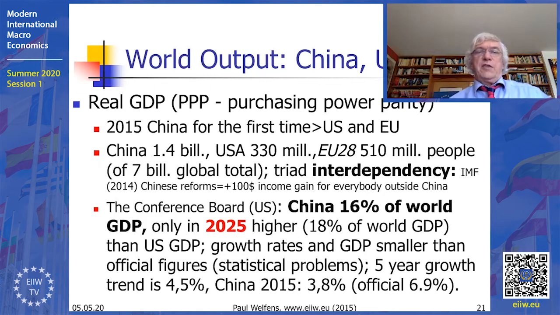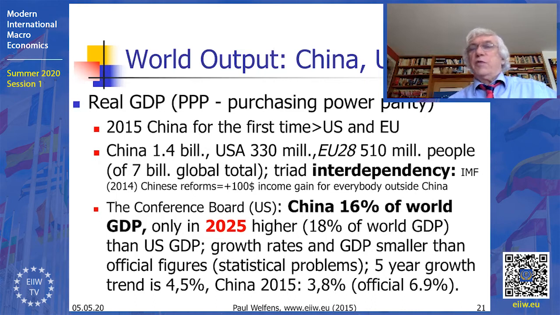And I've already mentioned this point about the Article 4 report of the IMF 2014, where it was argued, okay, if China adopts the reforms suggested, that's good for China, but it also brings a per capita income gain of $100 for everybody else in the world economy. And that's interesting.